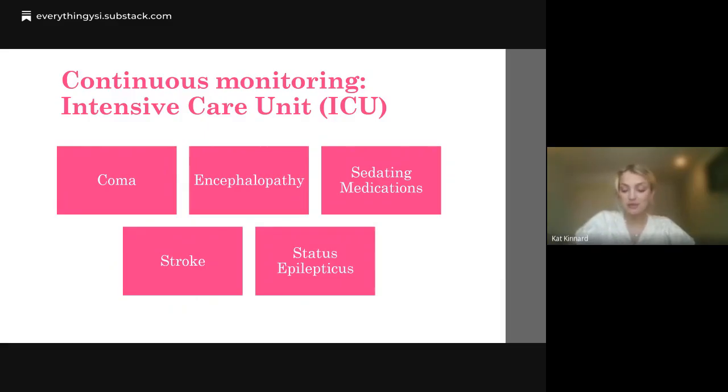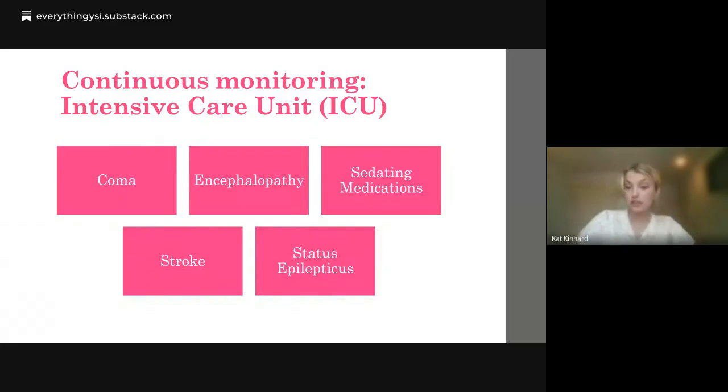Sometimes patients continue to have seizures without visible movements. This is also known as non-convulsive seizures, which can only be detected using an EEG continuously. It can sometimes last for hours, maybe even days. And this is a medical emergency that needs to be monitored and controlled appropriately.